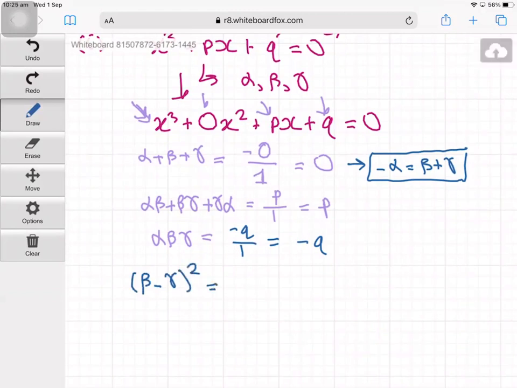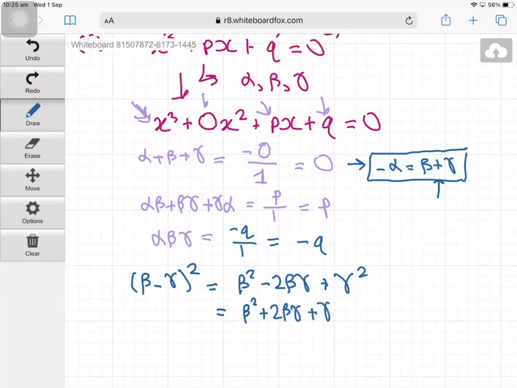Beta minus gamma squared is the same as beta squared minus 2 beta gamma plus gamma squared from expansion. But now we want to write this in terms of beta plus gamma and beta times gamma. So we can write it as beta squared plus 2 beta gamma plus gamma squared and minus 4 beta gamma. So now we've converted the negative 2 beta gamma into a plus 2 and minus 4. Now this factorizes into beta plus gamma squared minus 4 beta gamma.